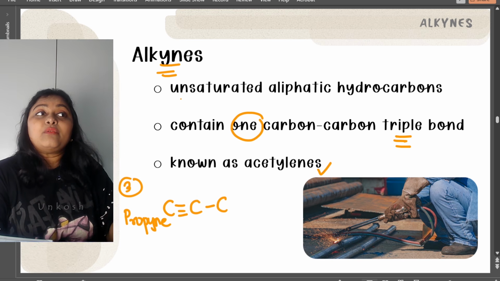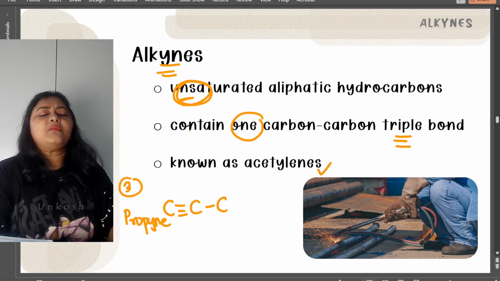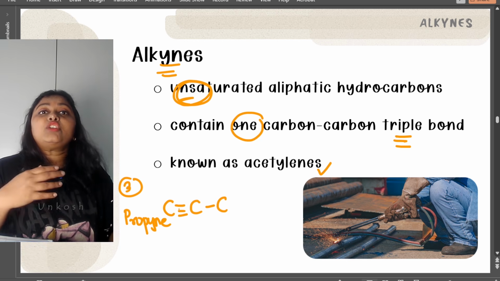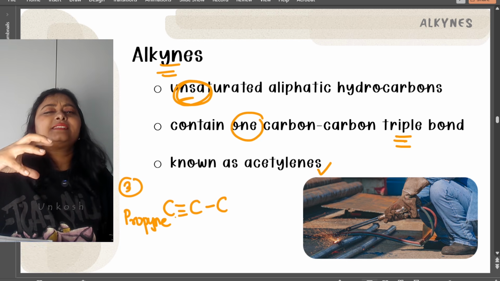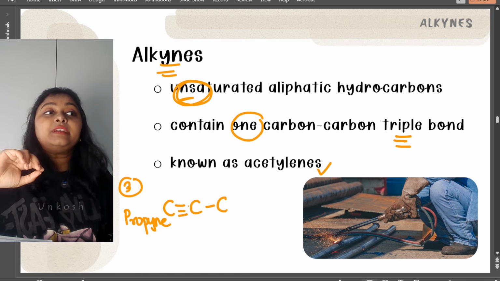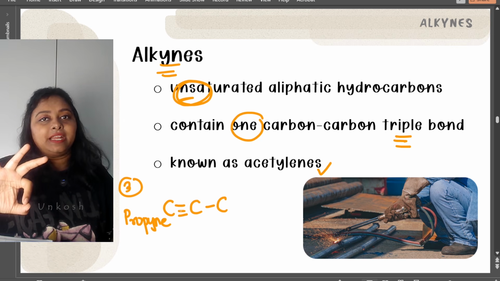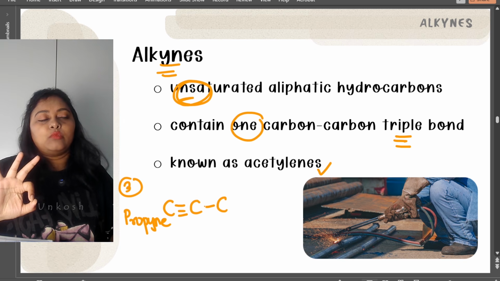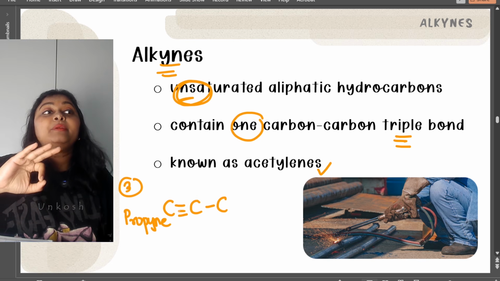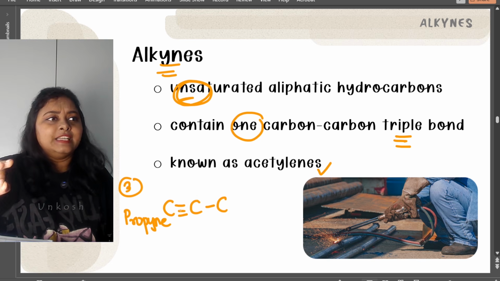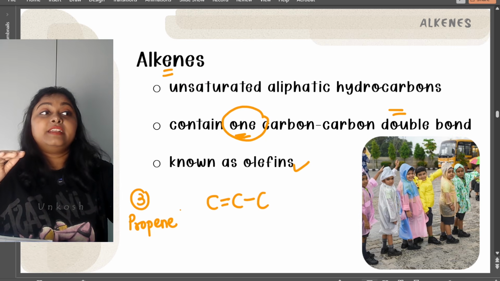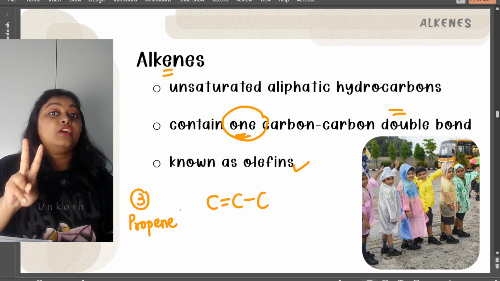Now let us understand why they are called unsaturated. Here what happens is they are not as saturated as alkanes. Why? Because a carbon-carbon triple bond is easier to break compared to a carbon-carbon single bond. So when we have a carbon-carbon triple bond, it will be broken down comparatively easily and can be saturated further into alkenes, wherein a carbon-carbon double bond will remain.